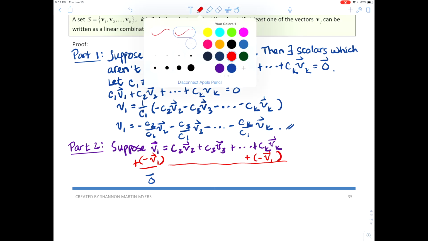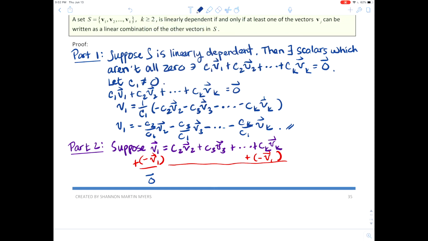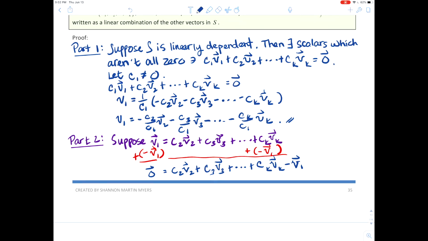All right, so then we would have the 0 vector is equal to C2V2 plus C3V3 plus ... plus CKVK minus V1. Cool, cool? So, what do we have?